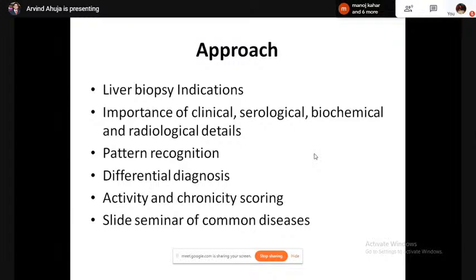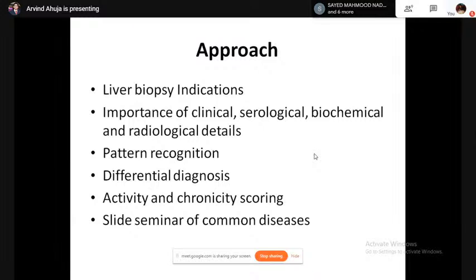Then there are differential diagnoses based on the patterns. Whether it is an acute hepatitis pattern, the differentials will be different. And if we are getting a biliary pathology pattern, then the differential diagnosis will be different. Now, a complete report should be accompanied by activity and chronicity scoring.